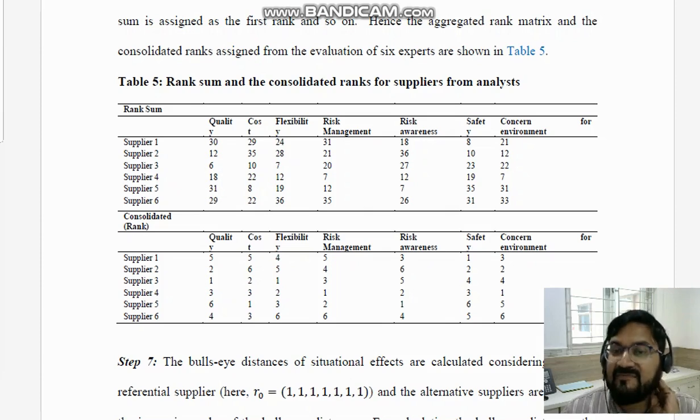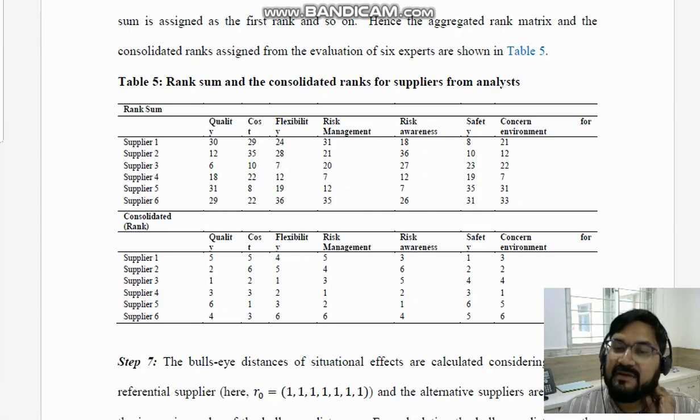So from the rank sum matrix, we convert it into a consolidated rank matrix. Here the lowest value is 6, that is, supplier 3 has been evaluated by most of the analysts as the best one. So we take it as rank 1, supplier 2 as rank 2, and similarly we do the evaluation.